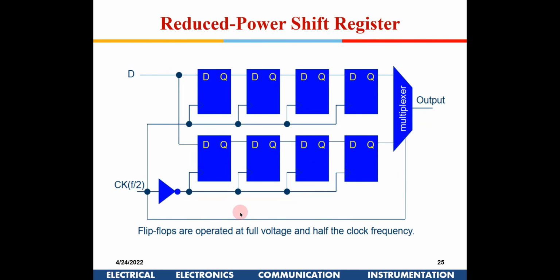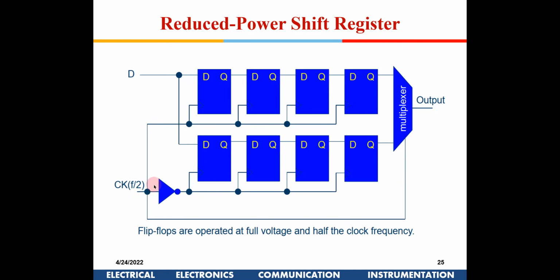Now what are we achieving? Obviously there is a double set of flip-flops here, again 8 flip-flops are used. The advantage is that since the clock speed has been reduced to half, the power consumption in each of these blocks reduces by 50%. You have just inserted one additional inverter and generated an anti-phase clock.